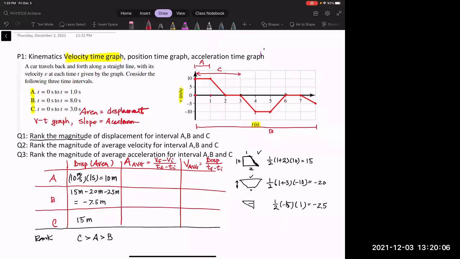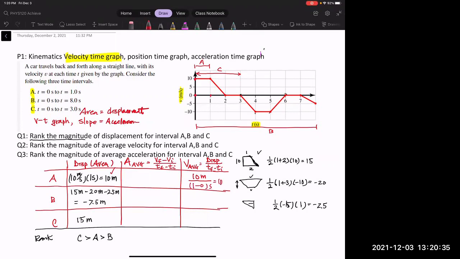Okay, so that's the average velocities. If we do the average velocity for the interval A, our displacement that we calculate is 10 meters, and you divide by the change of time. The change of time is from 0 to 1 second, so that's 1 minus 0, in seconds.